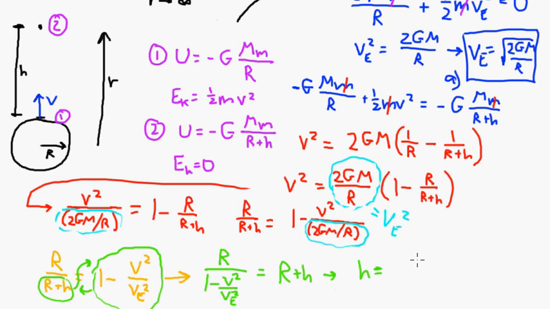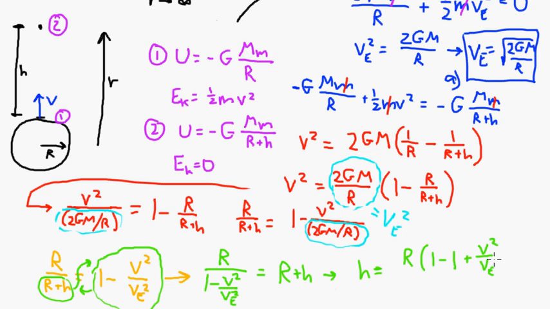So let's see. We're going to be subtracting R over here. So R times 1 minus 1 plus V squared over VE squared, over 1 minus V squared over VE squared.